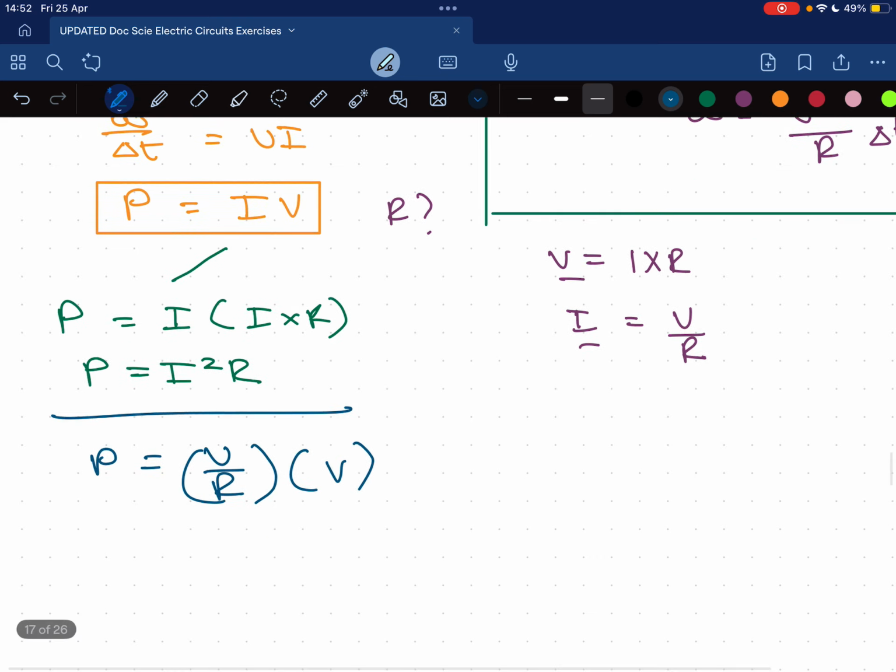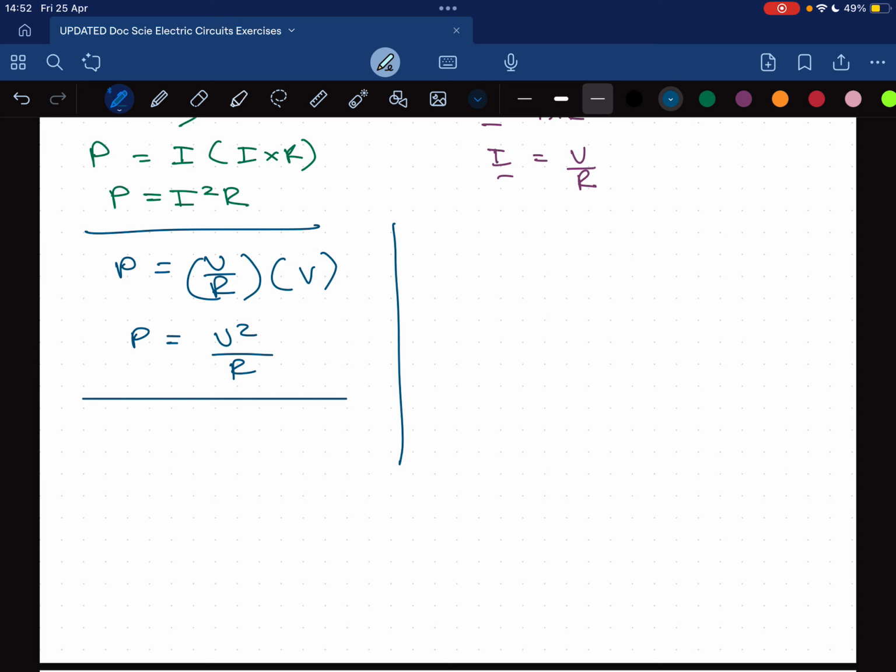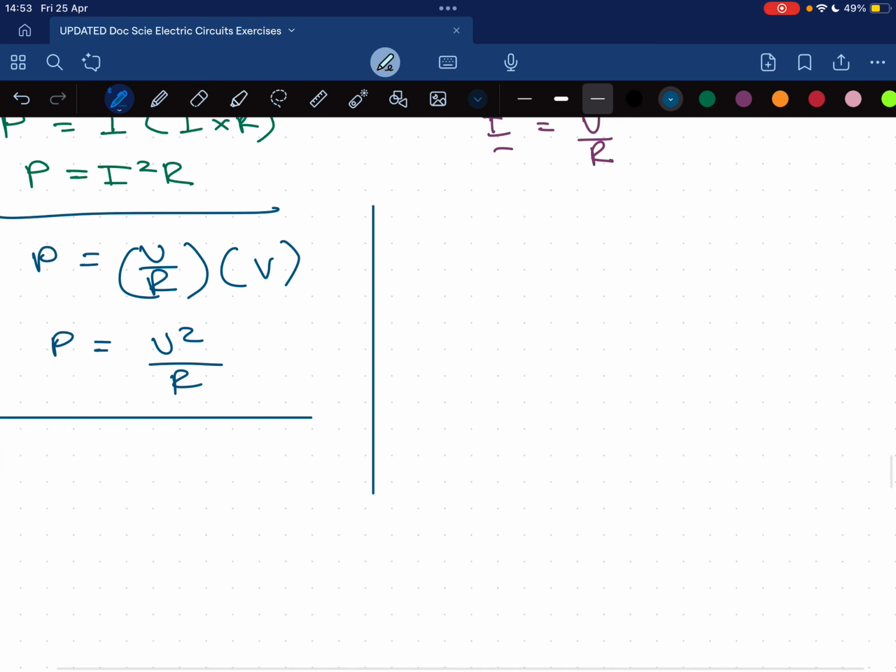Okay, so just so that you can see that there are quite a few different ways that you can calculate it, which is why there are quite a few power equations that you can use. So now if we look at our power equations, we now have four power equations.